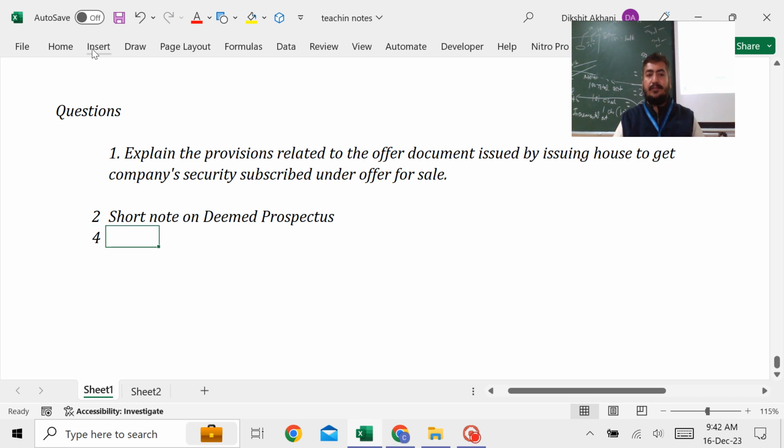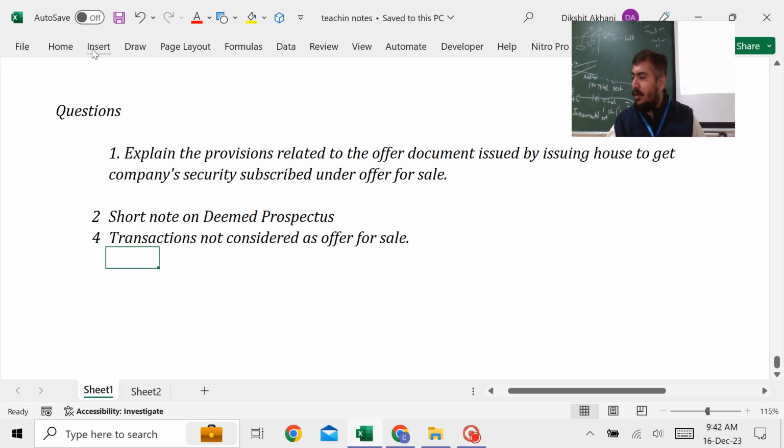And fourth, transactions not considered as offer for sale. So these three questions are possible. Now in the exam they can ask either the straightforward as mentioned here, or they can ask in the story form. ठीक है, चलो शुरू करते हैं कि exactly how the environments are drafted.